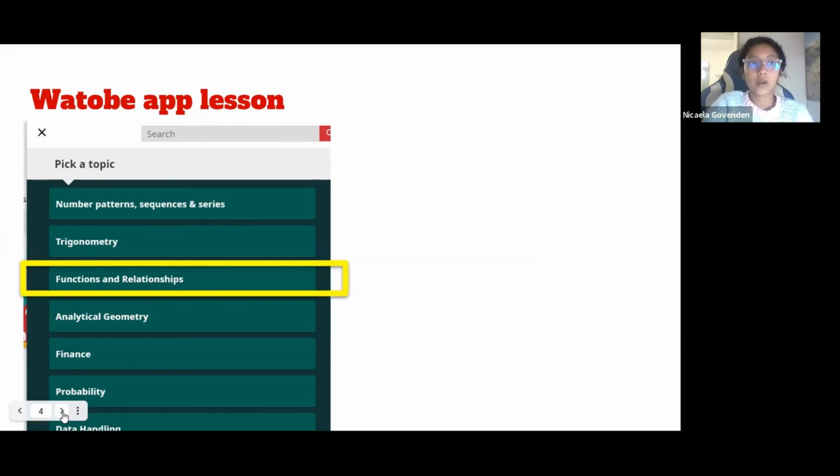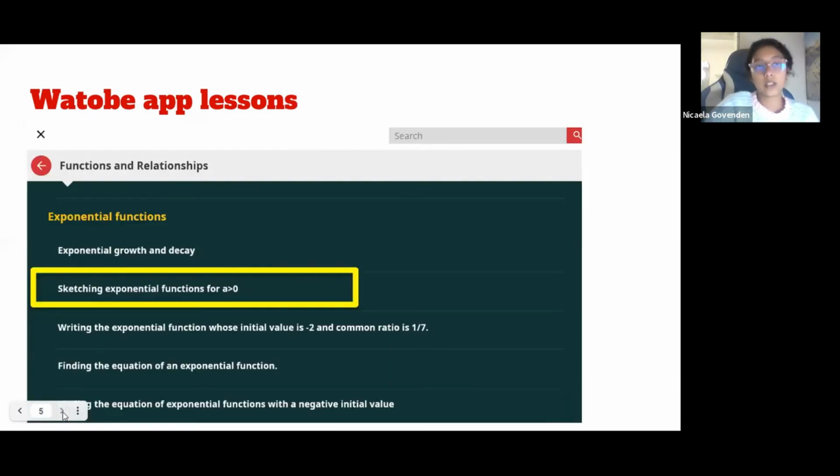You're going to look for topics, and then you're going to look for functions and relationships. Once you click into that, scroll all the way to exponential functions, and you're going to see sketching exponential functions for a greater than 0. So that is the homework for today. I'll leave it on the screen. You can maybe write it down or take a picture, and well done on today's class, and we'll see you in the next one.